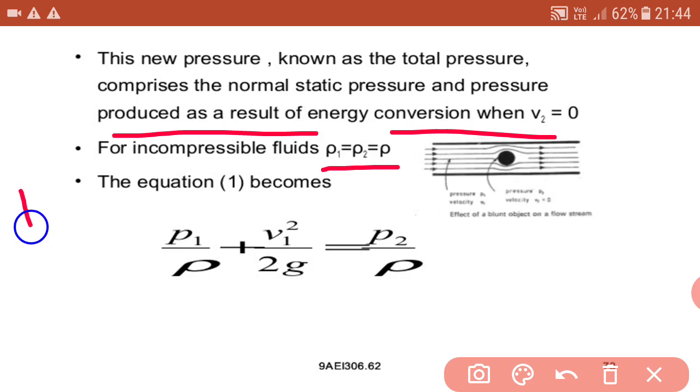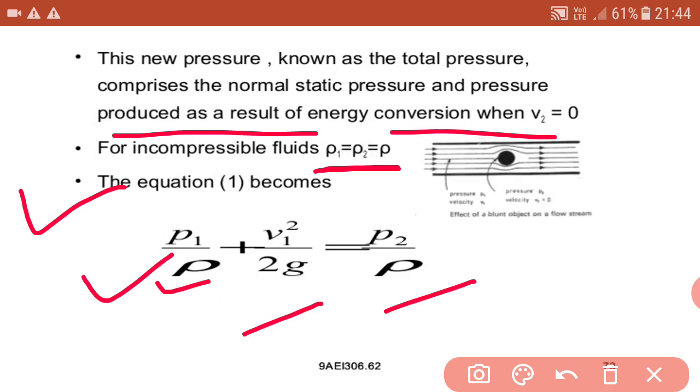So the equation we have seen before becomes P1/rho + V2²/2g = P2/rho, because rho1 = rho2 = rho. So here is rho and here is also rho. Now why have we neglected V2²/2g? Here is the answer. We know that V2 is equal to 0. So by putting this value, this term will vanish from the equation.